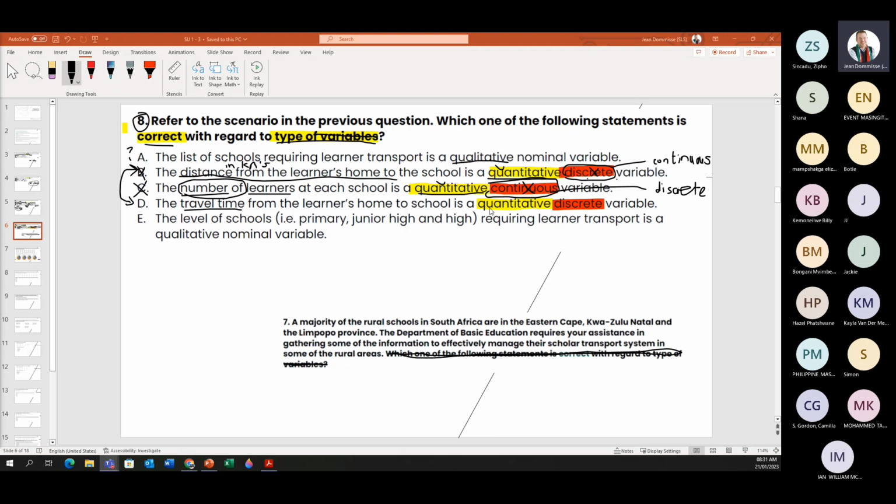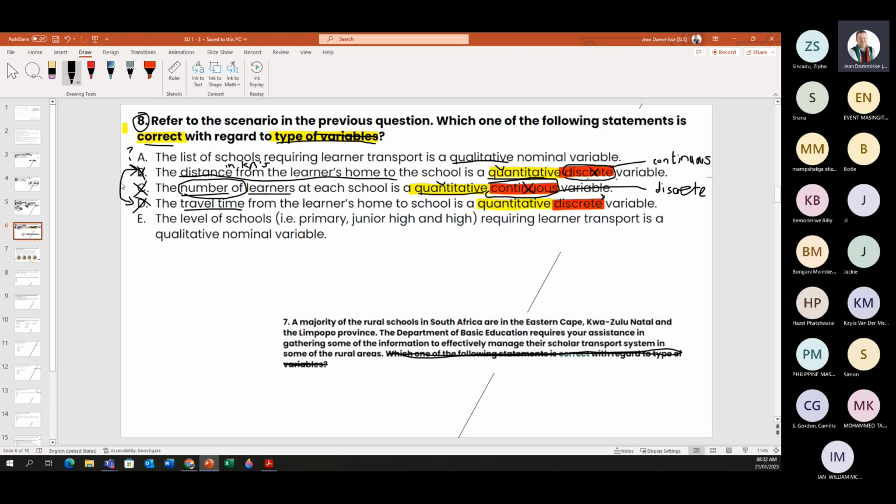So again, quantitative was perfectly correct. The one that is incorrect is to say that it is discrete. But B and D, you can see it is looking at nearly exactly the same type of question.